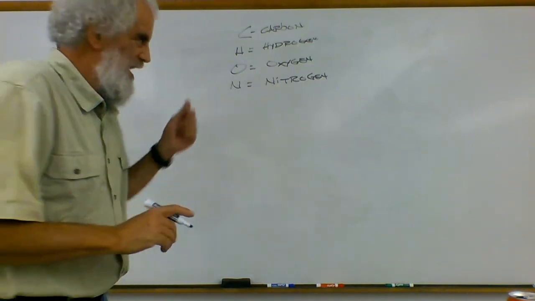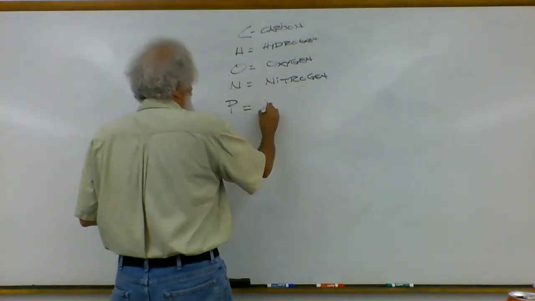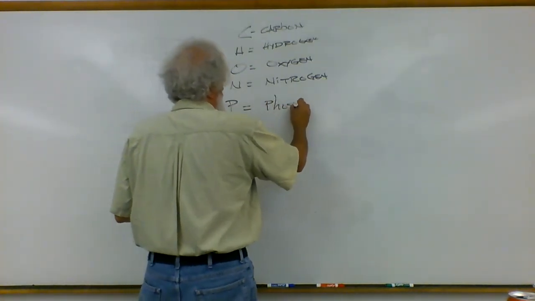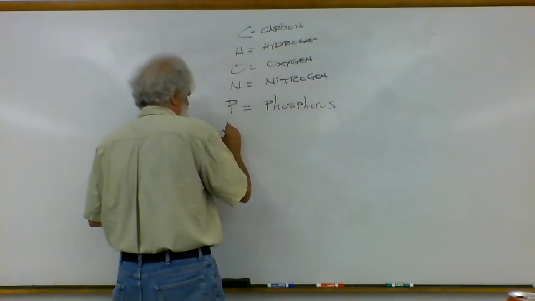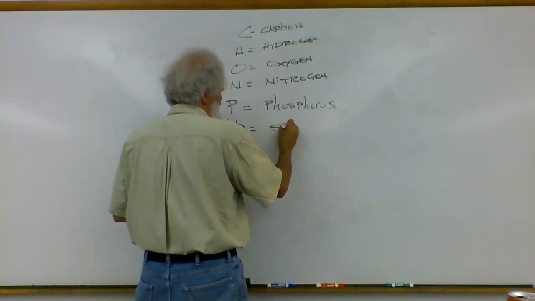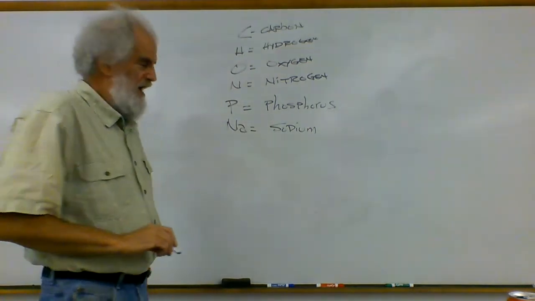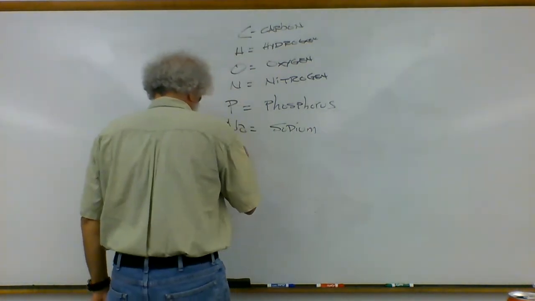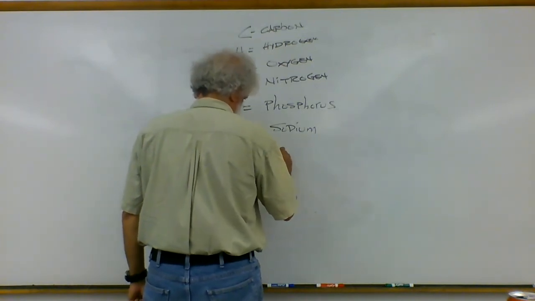Then we got things like P is phosphorus. We'll see this a bit. Na, which we talked about just a moment ago. This is sodium. The Latin is natrium. K is one of the oddballs again. This is potassium.